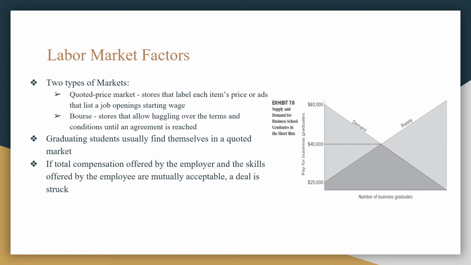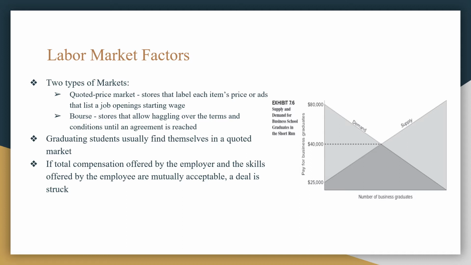Labor market factors. Two types of markets. Quoted price markets, which are stores that label each item's price, or ads that list a job opening's starting wage. Bourse, where the terms and conditions are negotiated until agreement is reached. In these two markets, only one can be used at a time depending on the company.